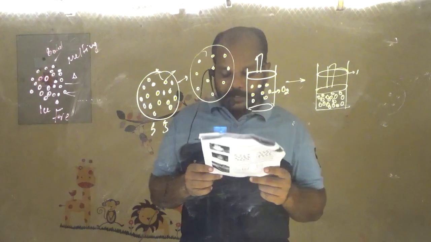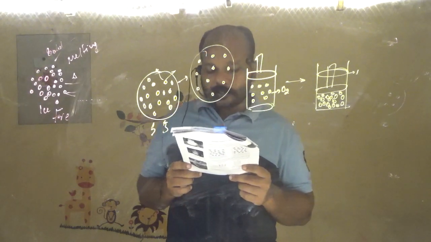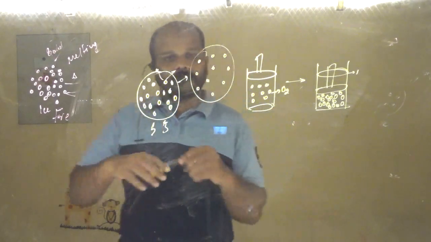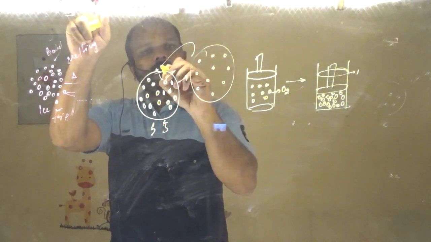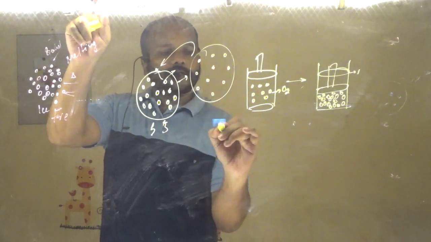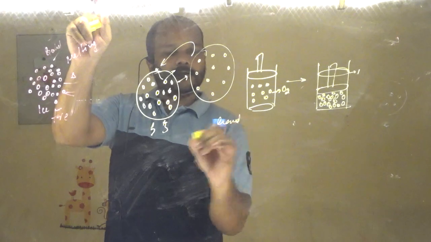Next: draw a diagram to show what happens to the particles when a liquid cools to solid. I can just reverse it. See, this will happen. This is liquid, and this is solid.